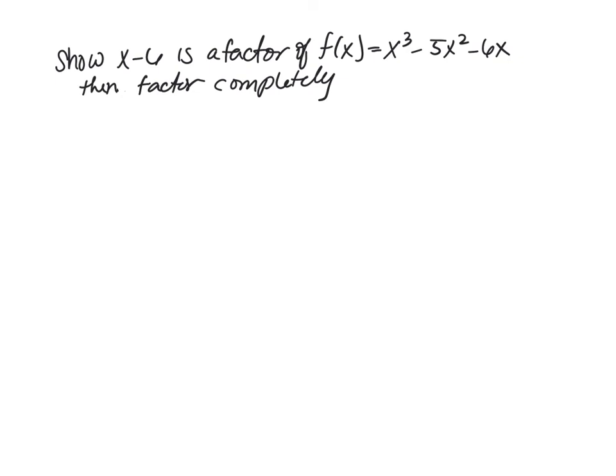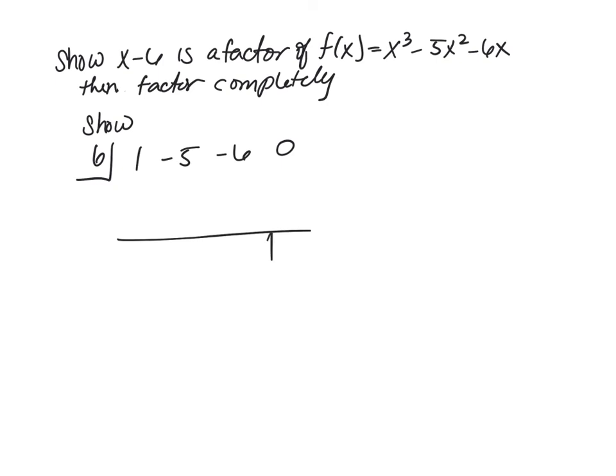So we're going to do our synthetic substitution. This is the show part. We're going to put positive 6. We're going to copy down our coefficients, 1, negative 5, negative 6, and 0. It's missing a constant, so you have to put the 0 there.